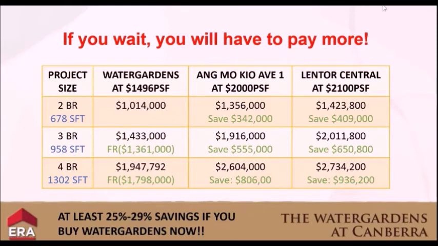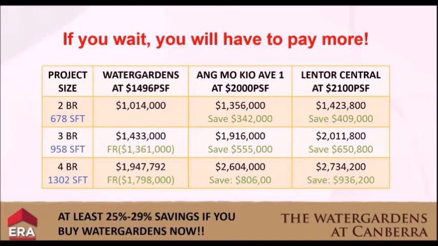What is the golden PSF, the lowest PSF for 4-bedroom? Yes, it's at 1381 PSF. Just now I asked you all to remember. So this number will give 1.798 million for 4-bedroom. And if your customer is able to commit today, they will be able to save 800 over K to 900 over K.